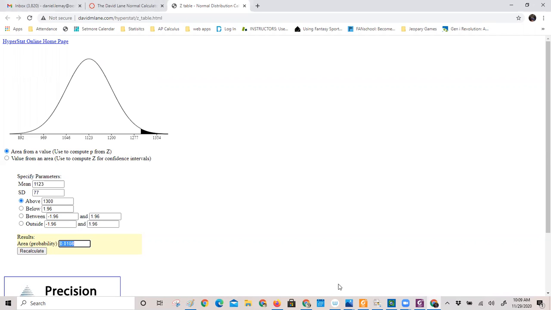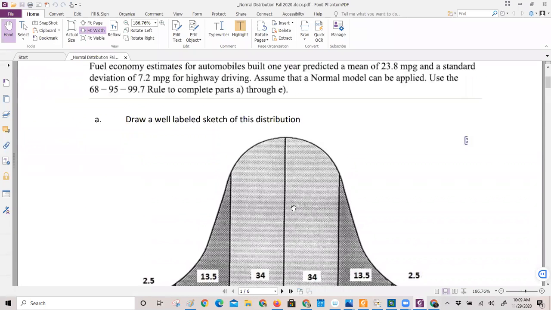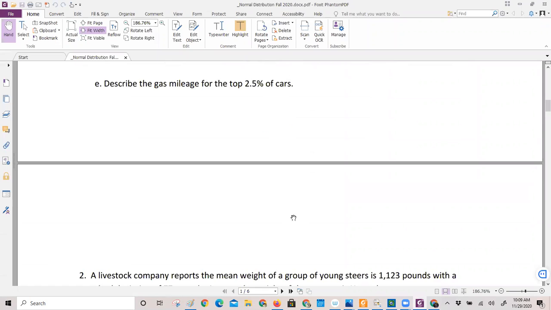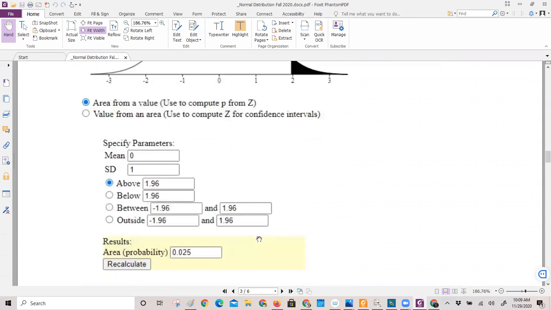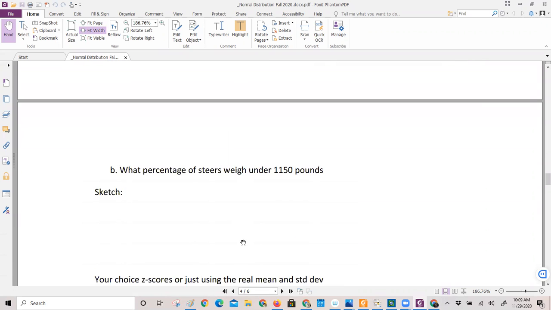So let's come here. Maybe I don't have to go back to the Elmo. Maybe I can just start doing this here. Let's come down to another one. What percentage of steers weigh under 1150?